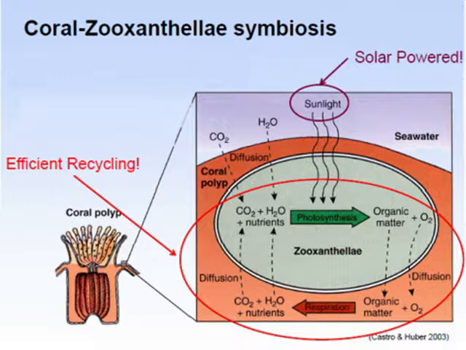And with sunlight, when sunlight hits that, it does photosynthesis and creates glucose, or what they're calling organic matter, and oxygen. That oxygen and glucose then diffuse back into the polyp, which is what it needs. And as the polyp is respiring, it converts that organic matter and oxygen into carbon dioxide and water. So it's a constant cycle, but a very efficient one.